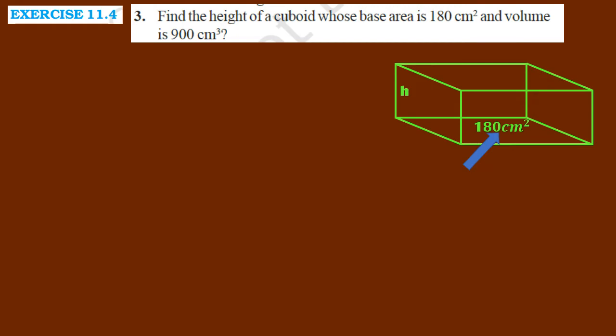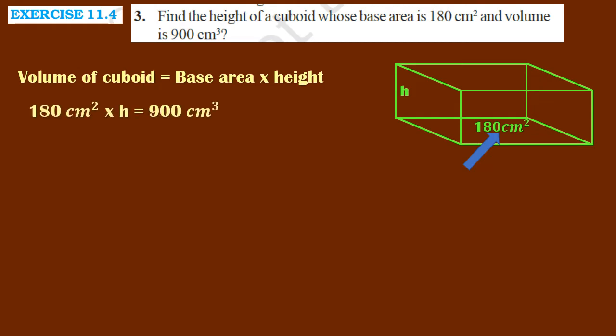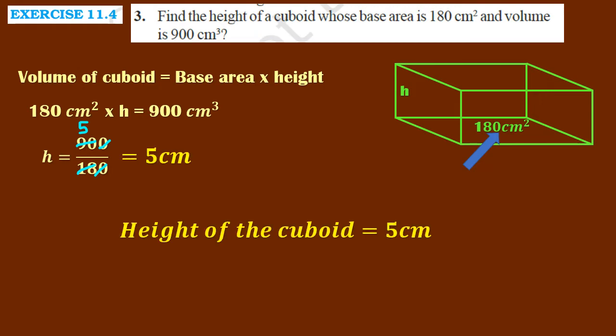L into B is the base area. So volume of a cuboid is base area into height. So 180 into H equals 900. So H is equal to how much? Yes, H is equal to 5 centimeters. So the height of the cuboid is 5 centimeters.